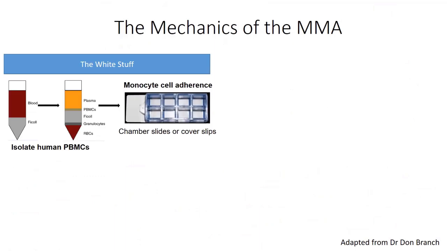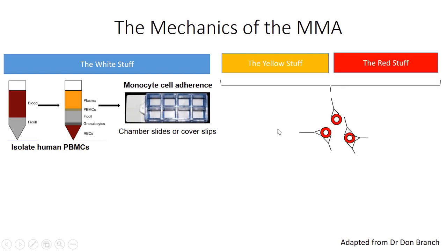A warning: the mechanics of the MMA. So a Ficoll separation will help isolate the mononuclear cells, the monocytes for the adherence assay. And on this slide, each of these little squares represents each of the experiments. And so this is an 8-well system, which means you can do all of the foregoing experiments shown on the previous slide.